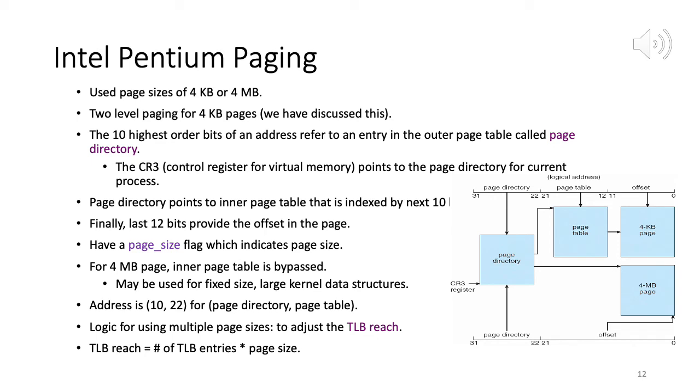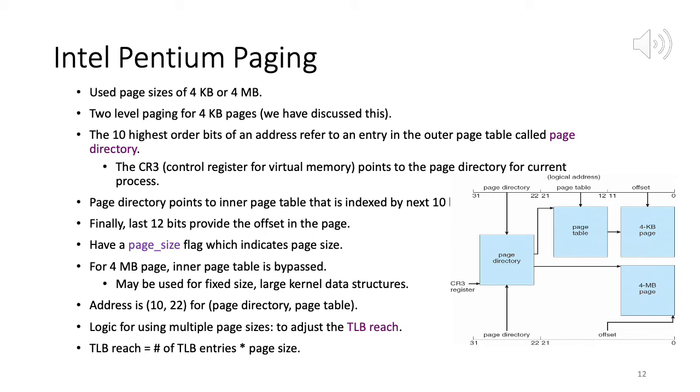One issue with small page sizes is what happens to the number of entries in the page table. You need to have one entry per page. So for the same amount of memory, if you have more pages, your page tables will have more entries on average. So the size of the page table will increase. You will need more space for it, and for a particular process you will probably be doing more mappings.